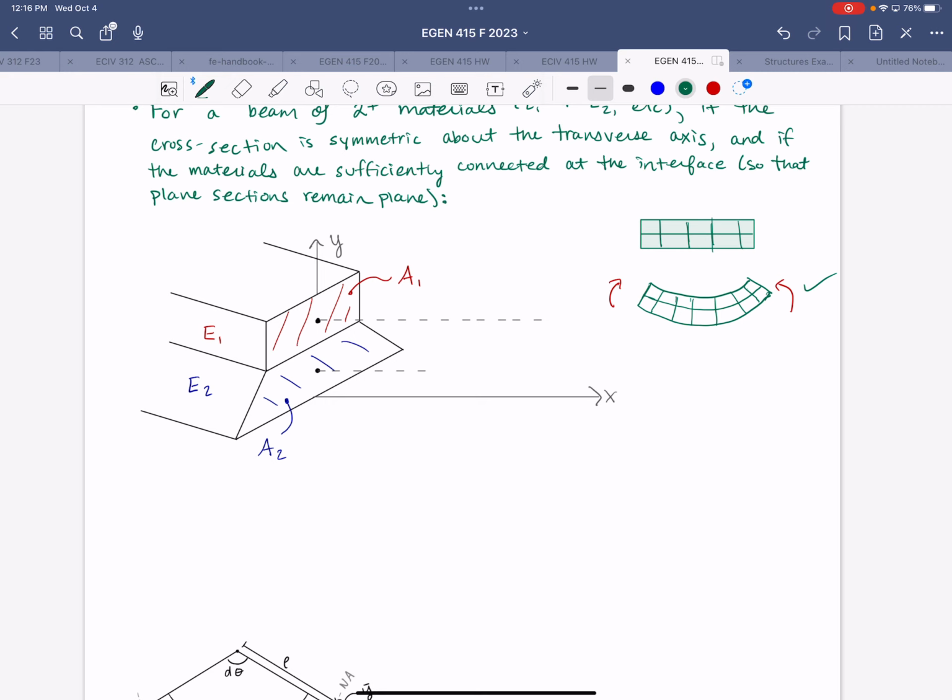What we don't want to see is independent bending, which would look something like this. So we don't want that.